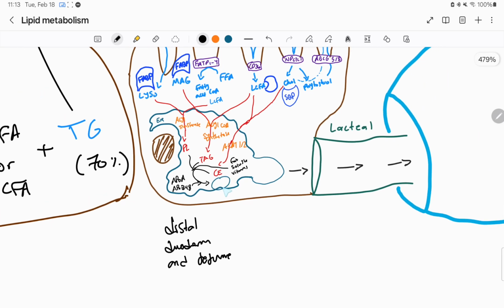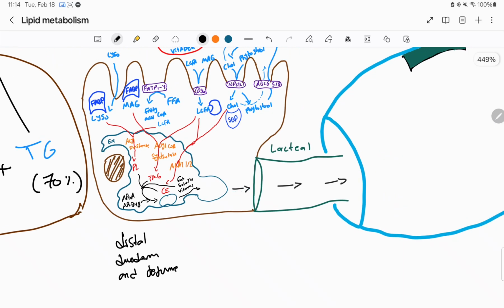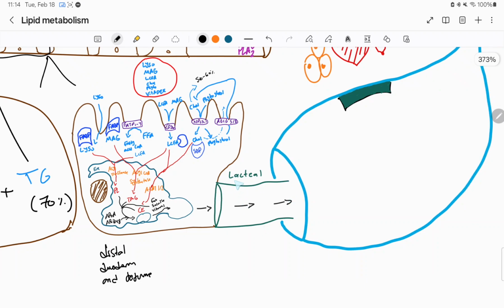Again, we'll talk about the chylomicron a bit more later, but now you can see that the chylomicron is actually going to bud off of the endoplasmic reticulum, perhaps go to the Golgi apparatus, get packaged a bit more, and then go to something known as the lacteal, which is just a specialized lymphatic system.